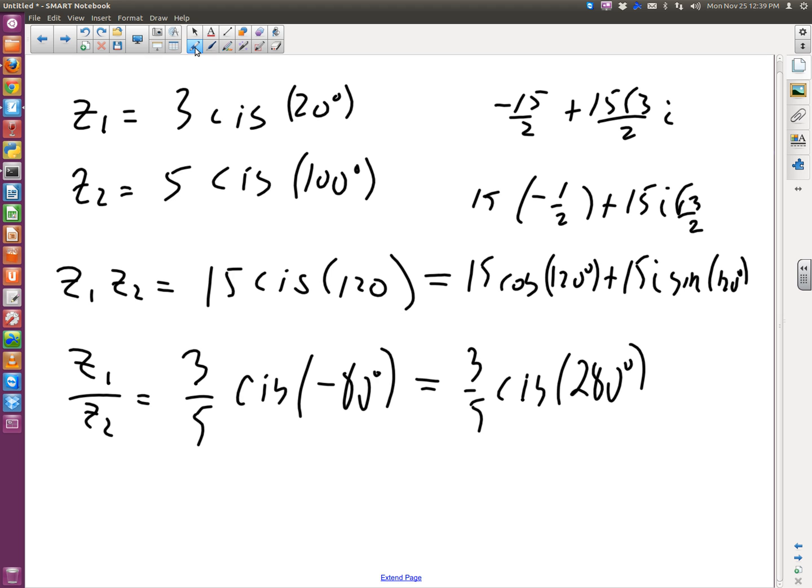Did they do this to you in Regents last year? They said, oh, put the i before the radical? Or in between the 15 and the radical? Did they make you do that? I don't know why people do that. Well, I know why they do that. You don't have to do that. I always put it on the end because I want to talk about a plus bi form, right?